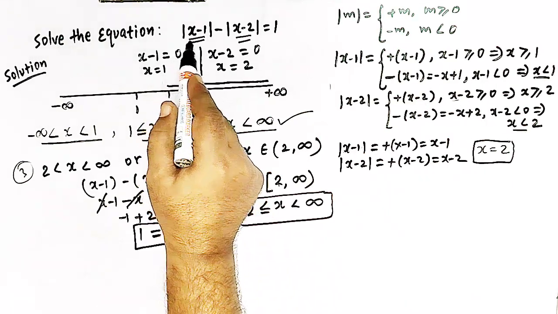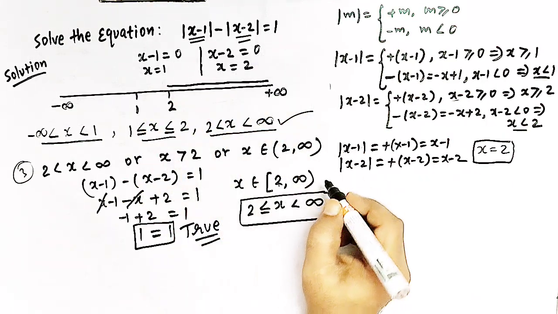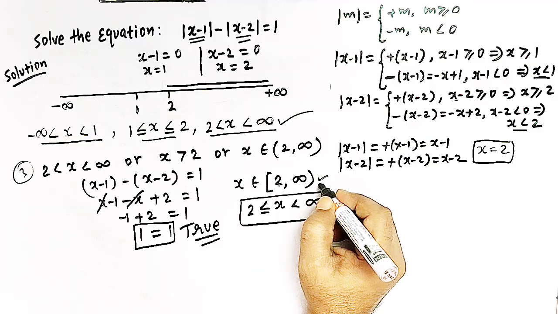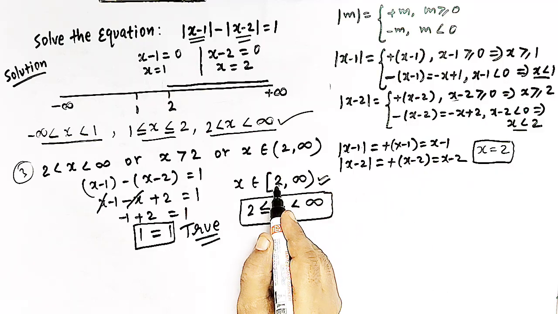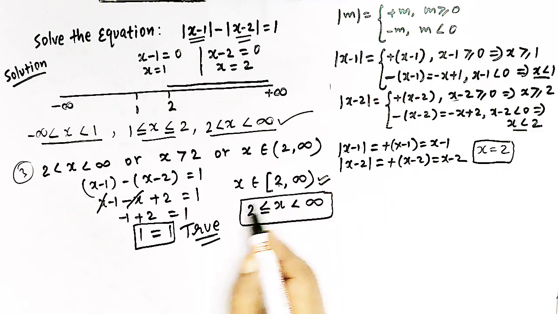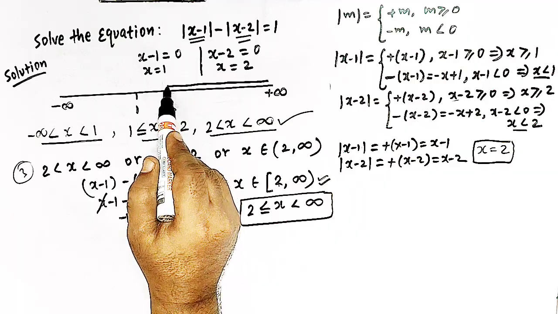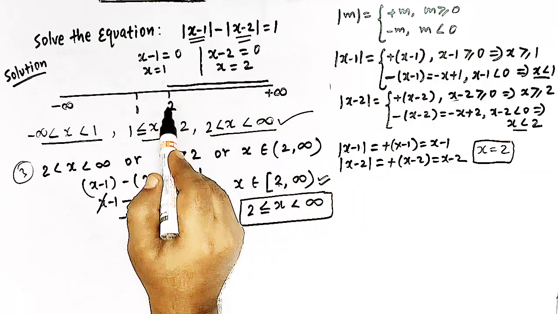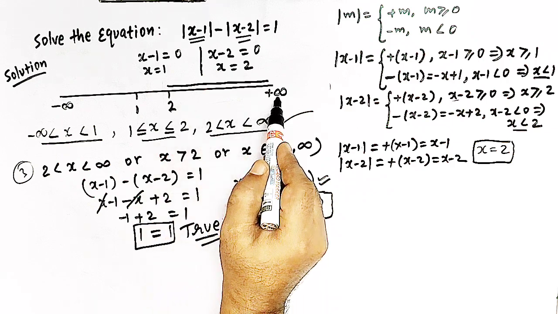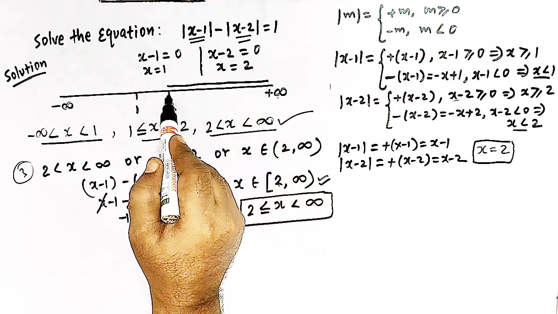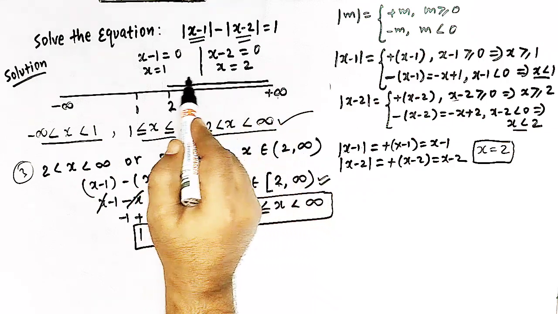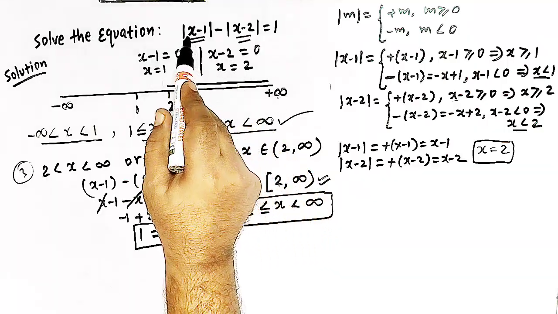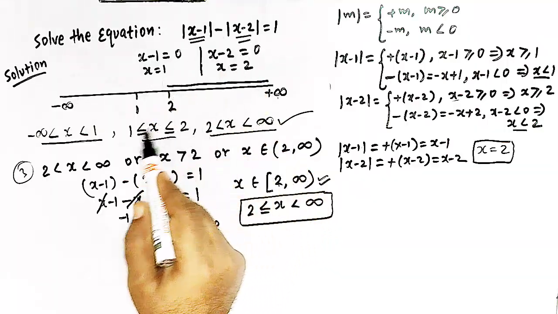So the solution of this equation is given by this interval where 2 is also included. And we can see that when we take this entire interval starting from 2, and here we have infinity, then all the values of x belonging to this interval satisfy this equation.